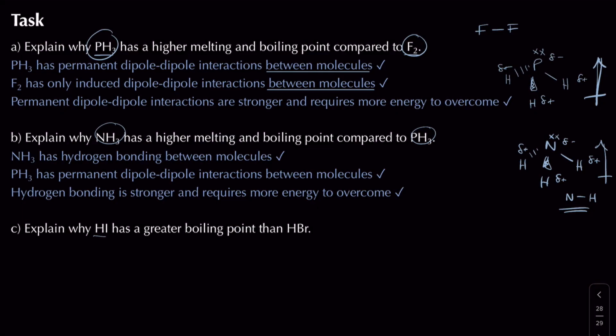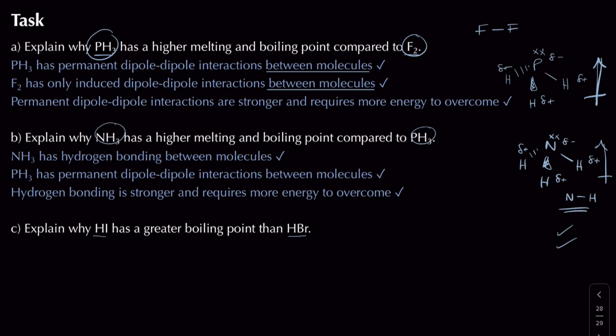So looking at the next one, we've got hydrogen iodide versus hydrogen bromide. Now we know both of these do have permanent dipole-dipole interactions because they're both polar bond containing molecules, and they only consist of one bond, so we know the entire molecule is polar. They also have induced dipole-dipole interactions, but the strength of the induced dipole-dipole interactions is going to be different.